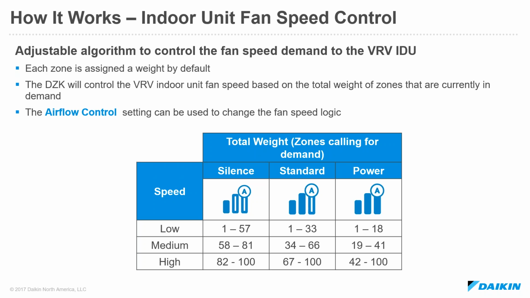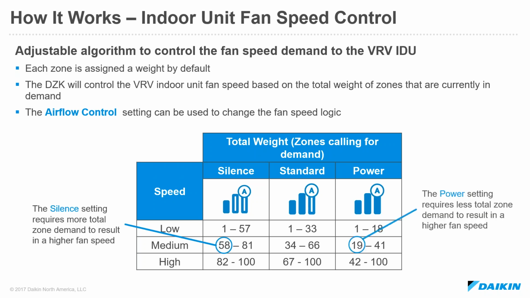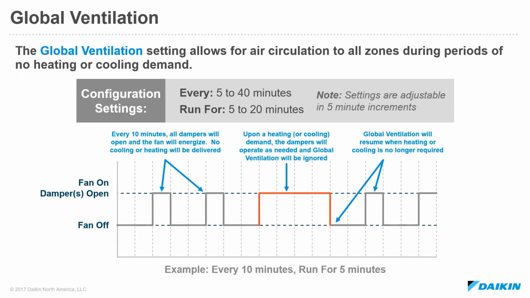The idea is silence requires a greater demand of total zones to actually increase the fan speed of the indoor unit, and similarly, power requires less demand of zones to ask for a higher fan speed. So it's just a way that we can adjust the way the DZK controls the indoor unit fan speed operation. I'm not going to go through this table in a ton of detail.